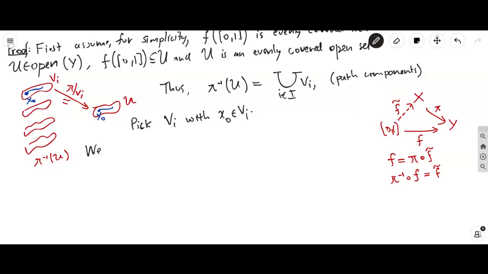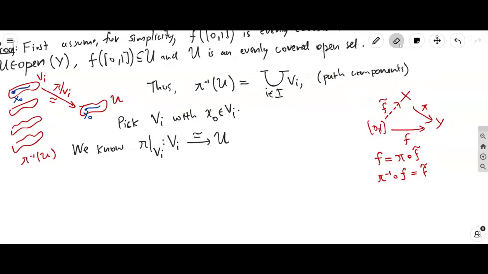And we know that when you take the covering map and you restrict it to this smaller open subset, then you have a homeomorphism to u. And then how do you end up defining this f tilde?